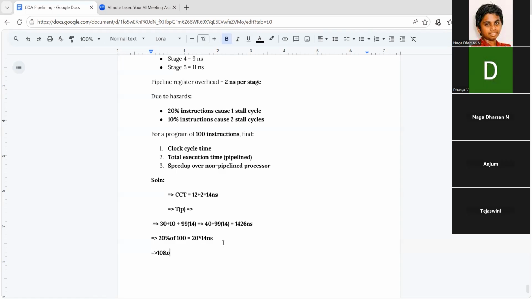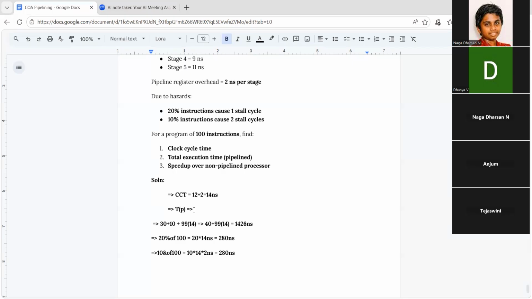Similarly, 10% of 100 instructions cause two stall cycles. So this is 10 into 14 into 2 stall cycles, which equals 280 nanoseconds, and the first part also equals 280 nanoseconds.